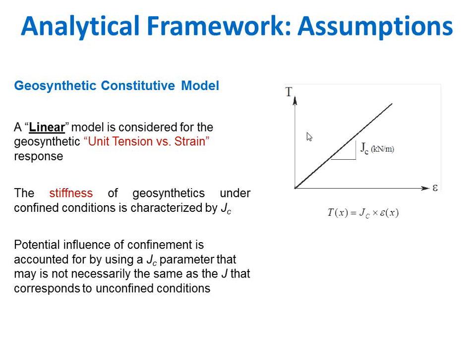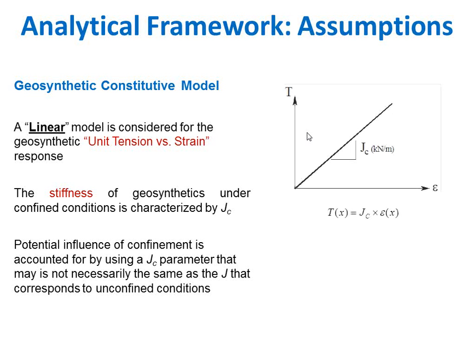The slope, which we call J, is not really modulus because this is tension per unit width, is a constant. Typically you would see this called J, the stiffness. I'm going to call it JC for confined stiffness. So we're assuming that this is linear.